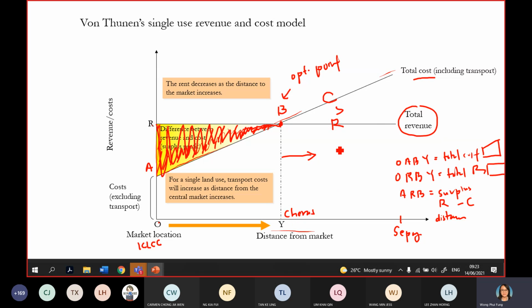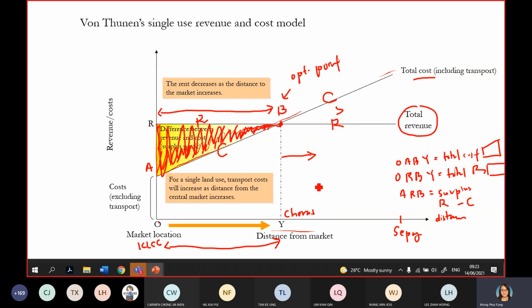After Cheras, this land use will not be profitable anymore because your cost is more than revenue. Before Cheras, within this area, you can see that your revenue is still more than cost, still feasible. So that's why this single land use is feasible between KLCC and Cheras.